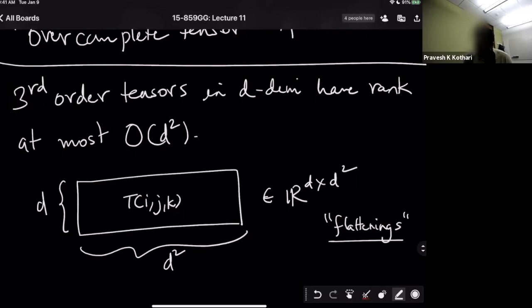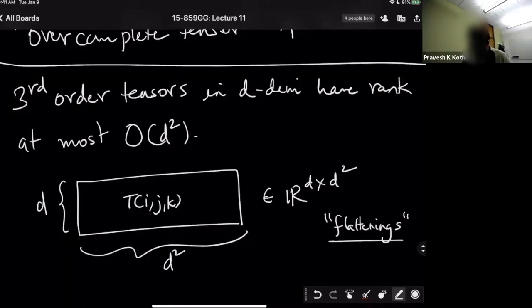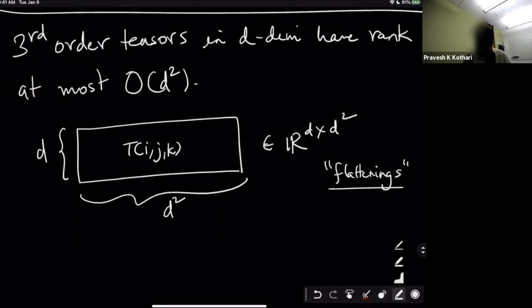Okay, good. So if I take this matrix, what is the maximum rank it can have? As matrix rank, D. Right, exactly. Sorry, I'm asking trivial questions, but that's my style.